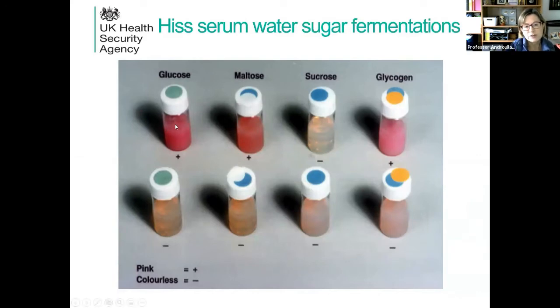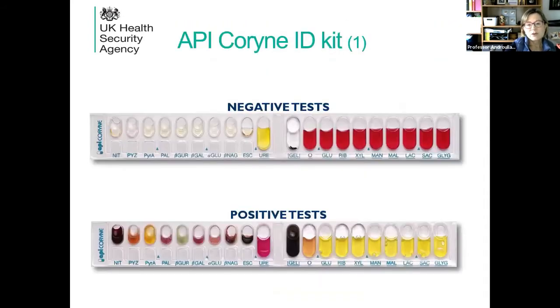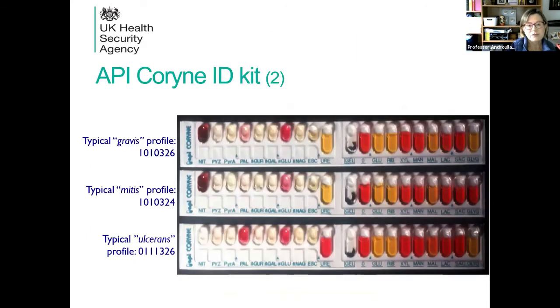So this is glucose, maltose, glycogen positive, which means it could well be a gravis biovar. And of course, we have the API Coryne kits that many labs still use. These are very useful and extremely accurate. And these are the typical profiles for gravis, mitis, and ulcerans.